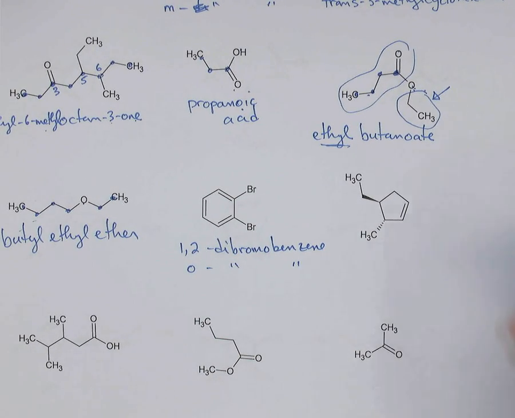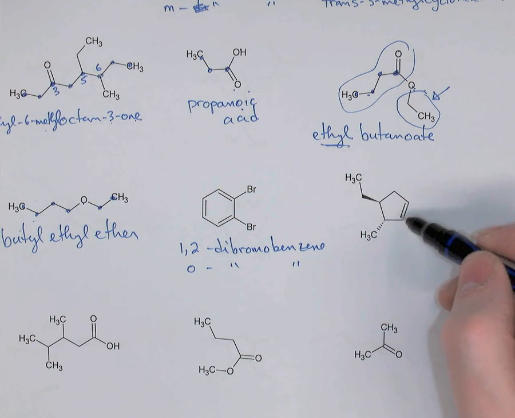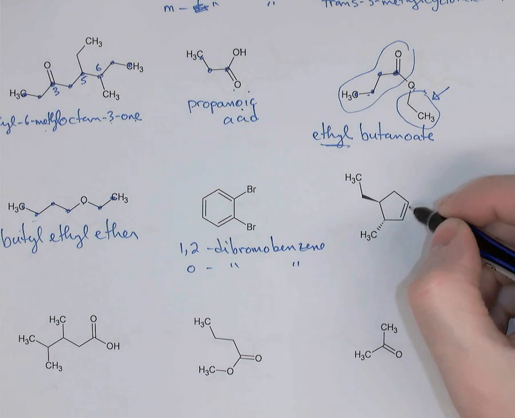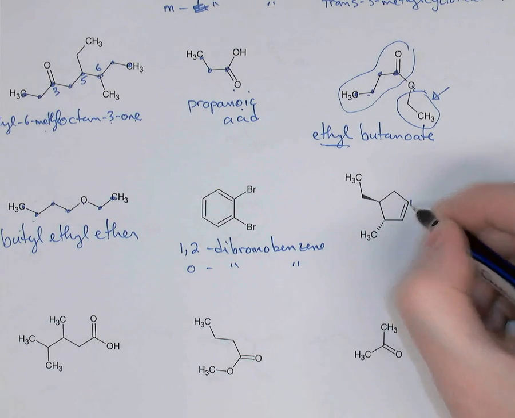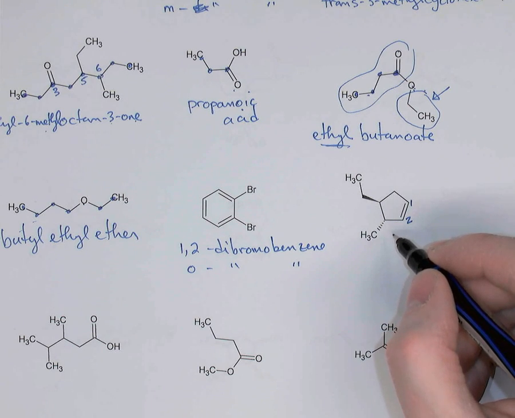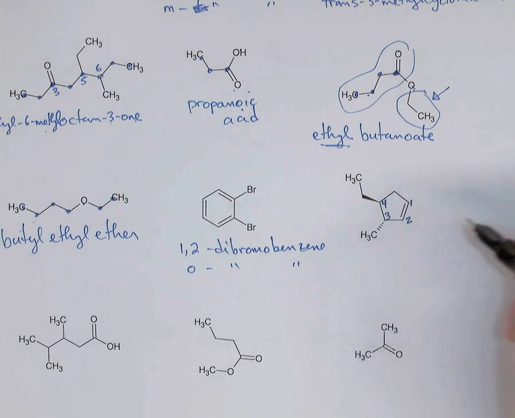Next we have a cyclopentene molecule. So we have cyclopentane ring with a double bond. It's cyclopentene. The 2 carbons in that double bond would have to be numbered 1 and 2. So I'm going to number them like this, 1, 2, in order to keep the branch numbers smaller. So 1, 2, 3, 4.